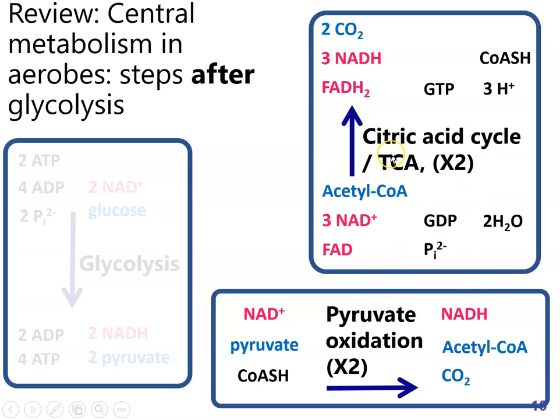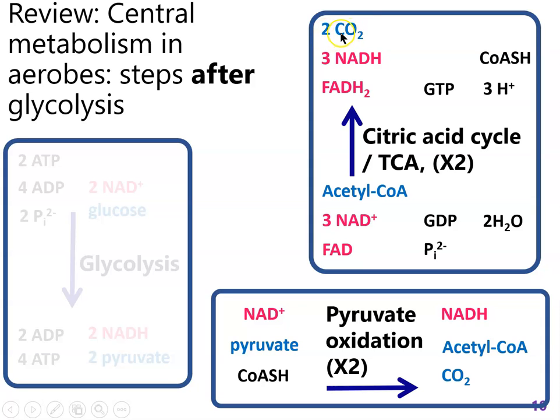And so the citric acid cycle is more complex, but it starts with acetyl-CoA and all of these oxidized cofactors that are electron carriers that aren't carrying electrons, and then up here, electron carriers that have gained electrons. And so what this process accomplishes is taking the 2 carbons from acetyl-CoA and turning them into carbon dioxide.